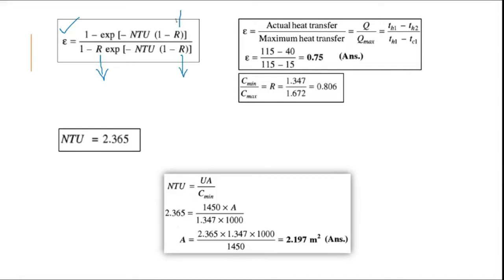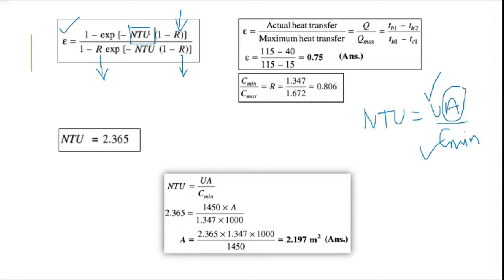But NTU is equal to U multiplied by area divided by C minimum. C minimum was equal to 1.3, and the capital U value was given in the question, but the area value is not known.